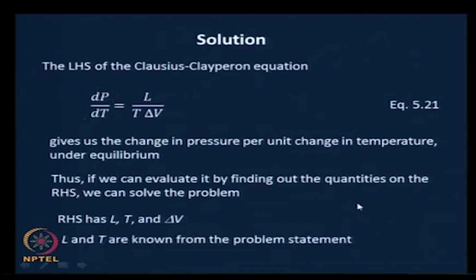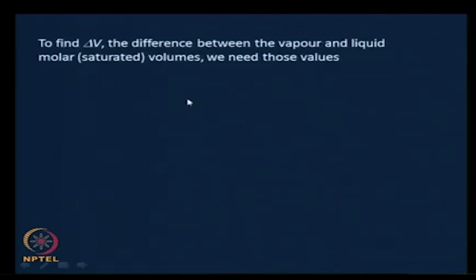We also recognized that the way to find the volumes of the gas and the liquid was through the use of a suitable equation of state. Now, let me give you some more details and then let you work out the actual numbers.